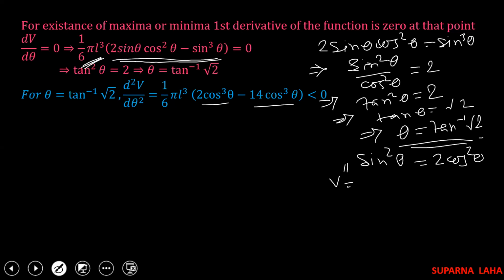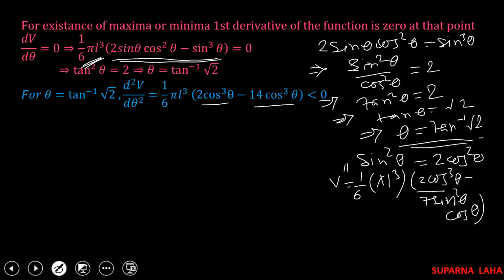1/6 pi l cube into 2 cos cube theta minus 7 sine square theta into cos theta. Since all the values are given in sine and cos form, so put this value. Don't put the value of sine theta, otherwise you need to simplify it again.